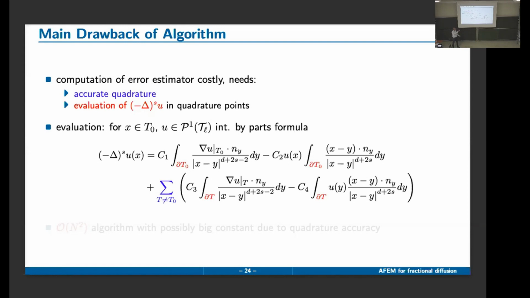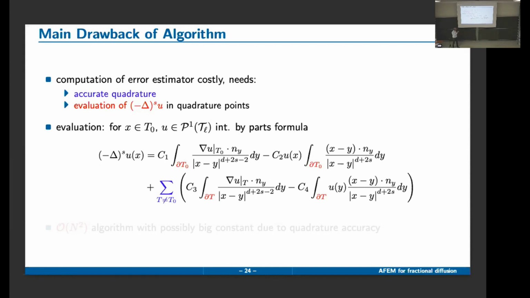I mean, these are, for example, in 2D, 1D integrals. They can be realized quite easily with quadrature. But you have a sum over all elements of the triangulation, as the operator here was defined as an integral over R^d, and then you cut it off somewhere. But you still have all elements in your triangulation there.